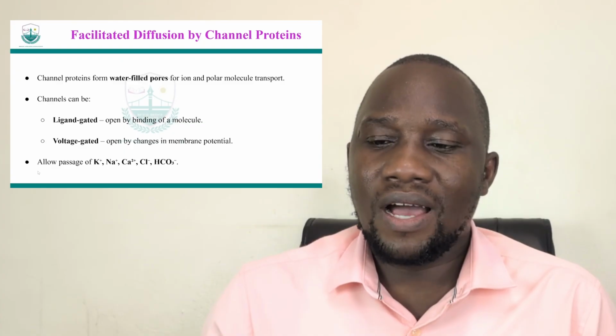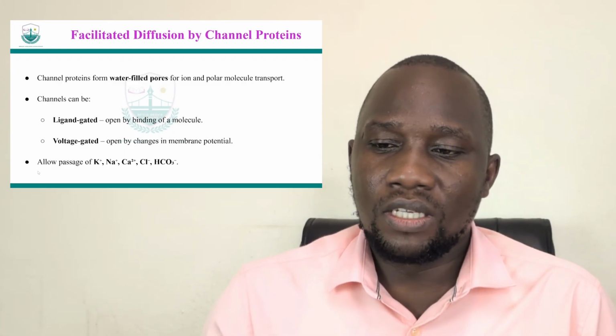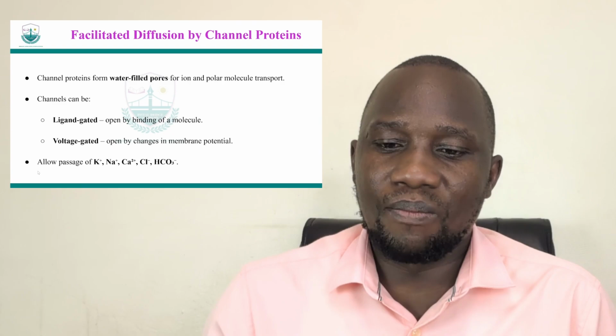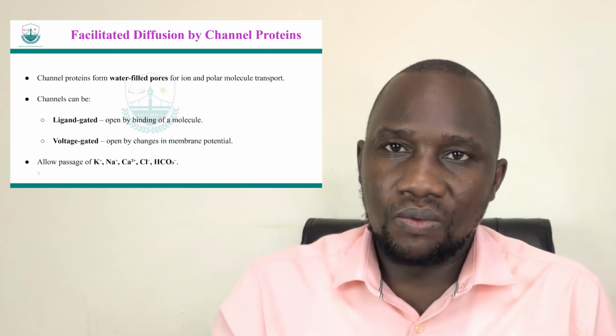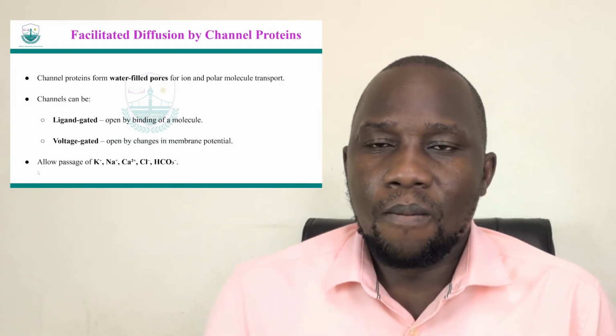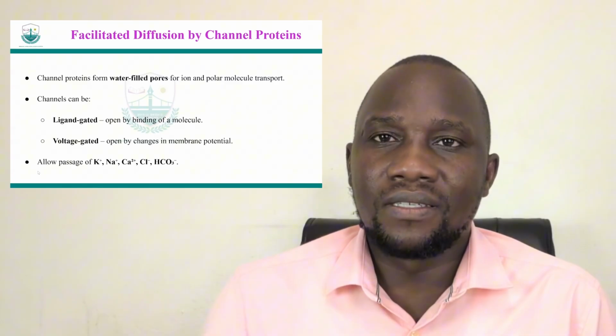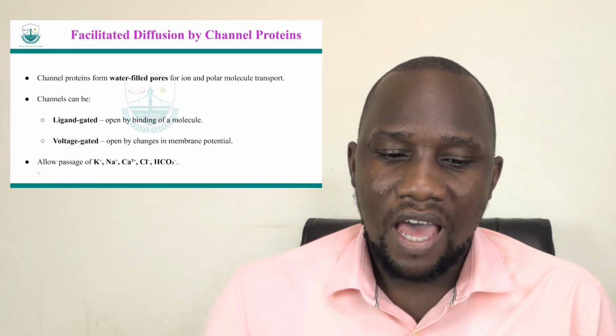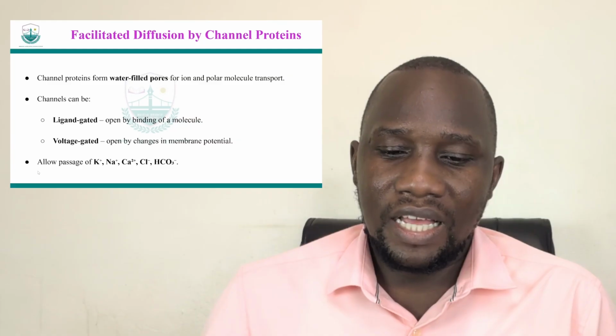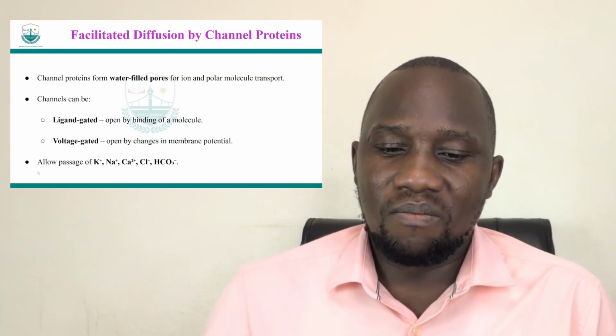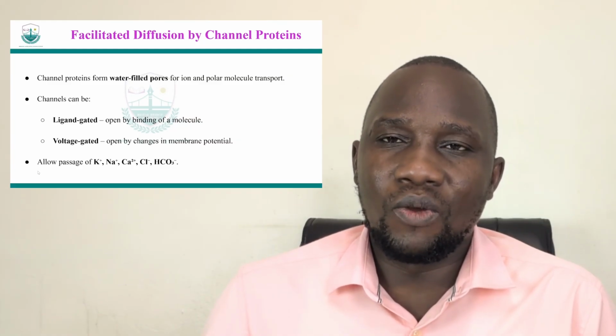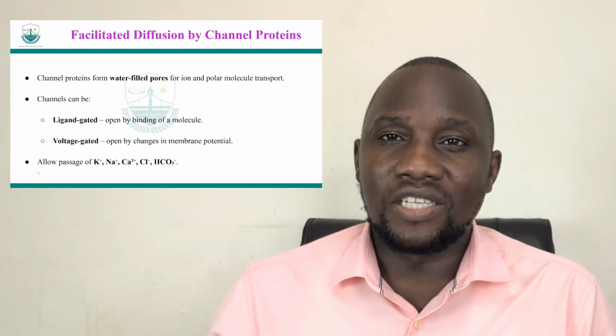Okay, when we talk about channel proteins, we are talking about holes through which these materials can basically pass. Okay, so these channels can be ligand-gated. That means that they open when a particular molecule binds to them.